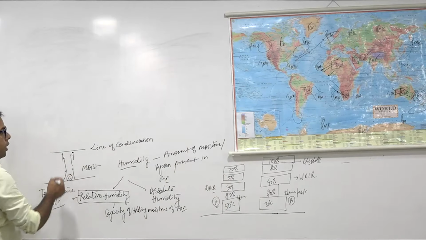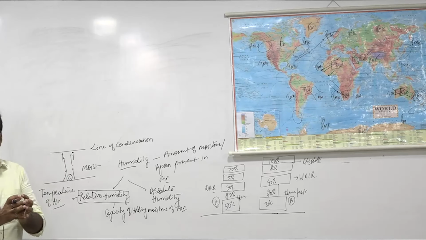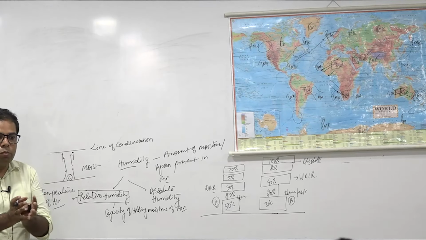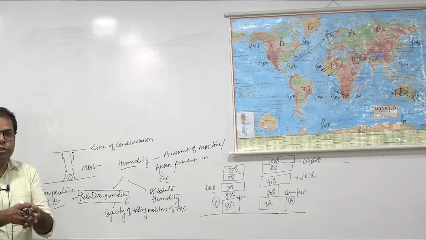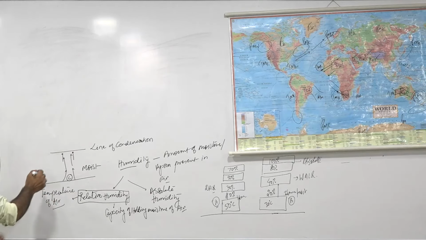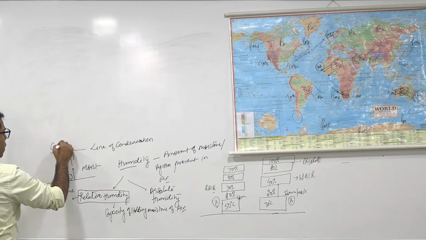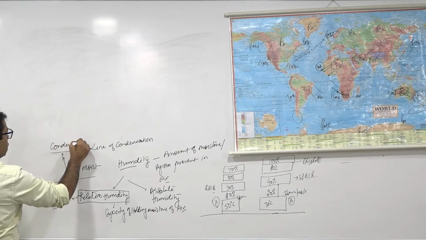This is the point, this is the line of condensation. At this absolute humidity, the molecules or the vapor will start condensing or colliding with each other. There is a formation of cloud. So this is called the condensation. Here is a condensation.